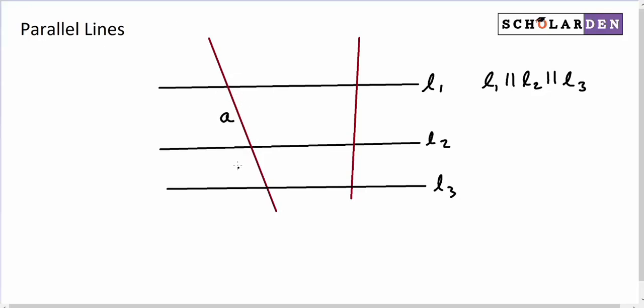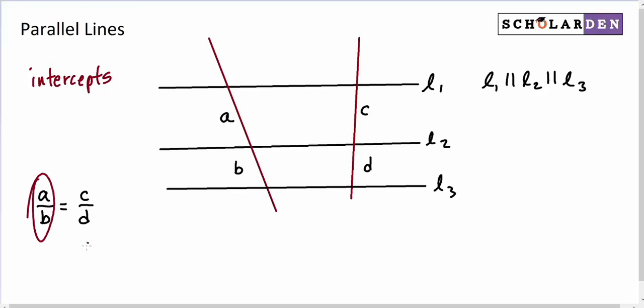And I'm going to label this distance B, this distance C, and this distance D. So there's an interesting property of those lengths, those distances A, B, C, D, and that is that A is to B as C is to D. So the ratios of what are called the intercepts, these segments A, B, C, and D are called intercepts, so the ratio of the intercepts of one line, the A and B, is equal to the ratio of the intercepts of any other line that cut through the same parallel lines.